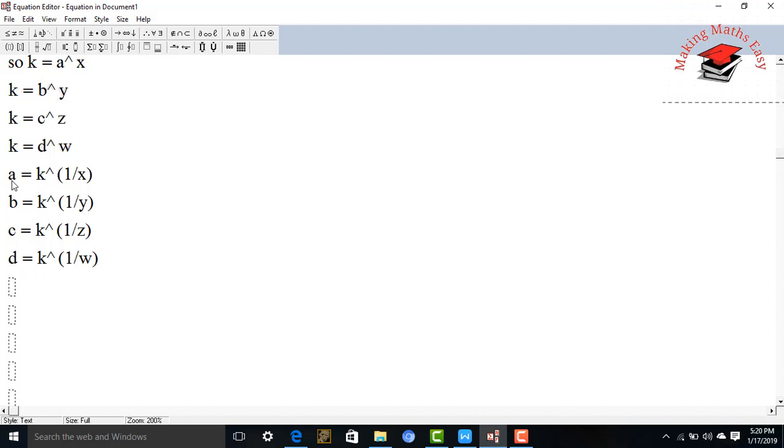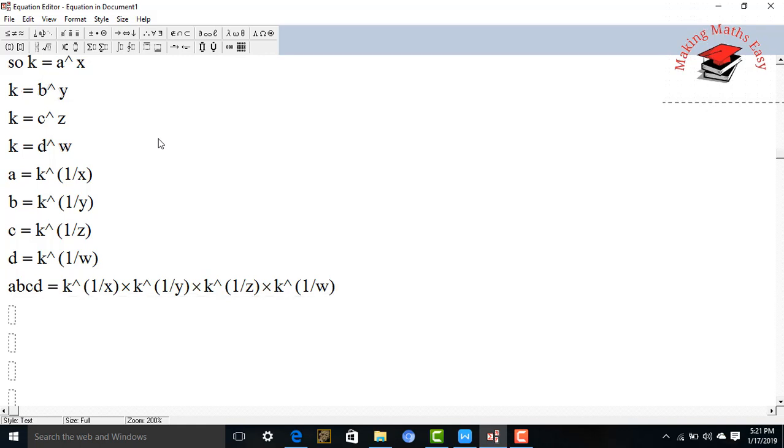Now we want to multiply a, b, c, d together. So we will write abcd equal to k raised to 1 by x multiplied by k raised to 1 by y multiplied by k raised to 1 by z multiplied by k raised to 1 by w.